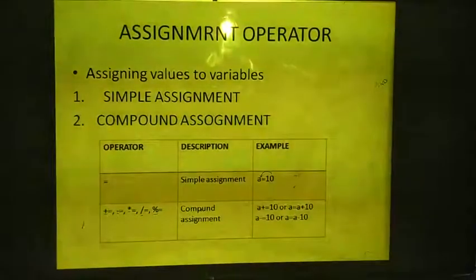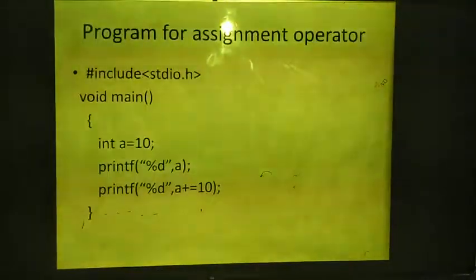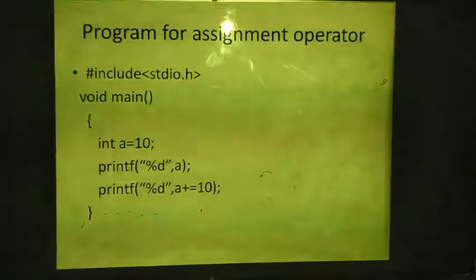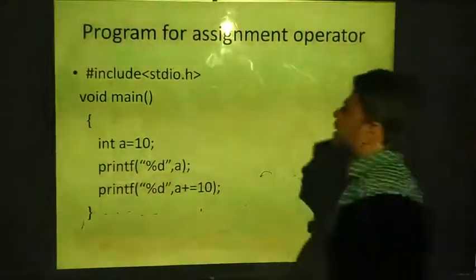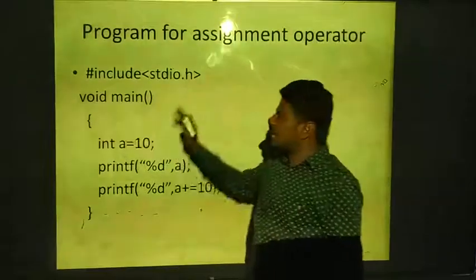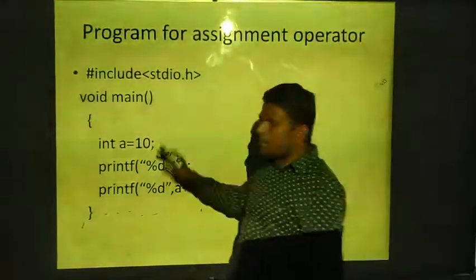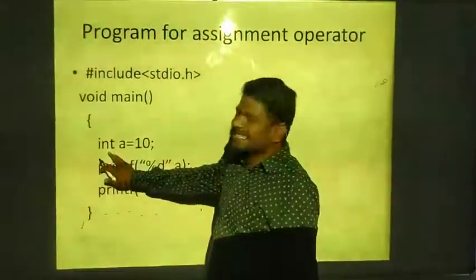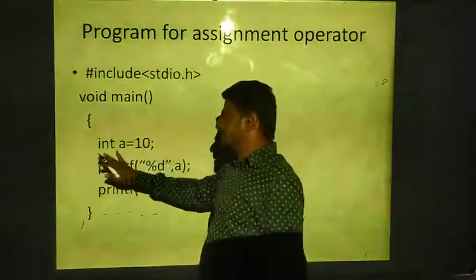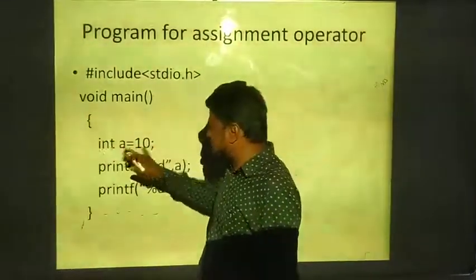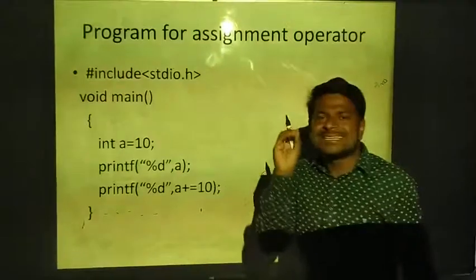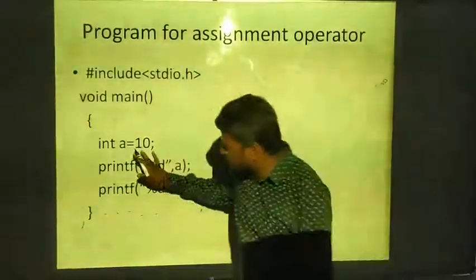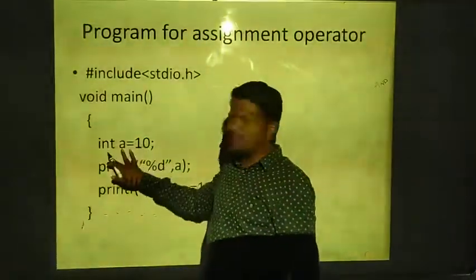Now, this is the program for the assignment operator. This has include stdio.h as the header file, then void main. Here, I am declaring the variable as integer data type. Integer a is equal to 10 means I am just assigning the value of 10 to the variable a.